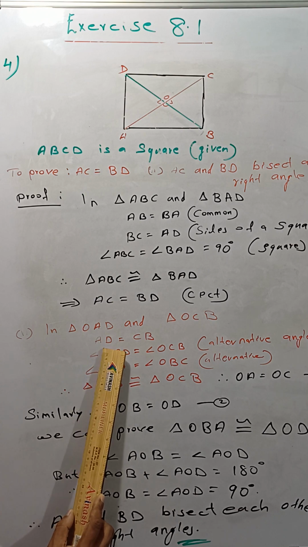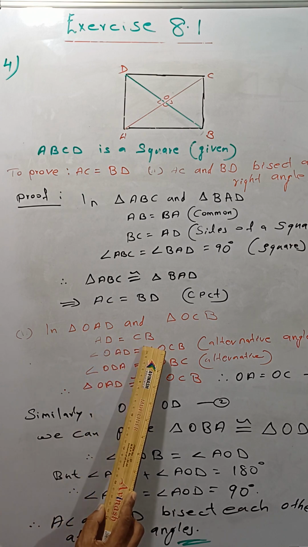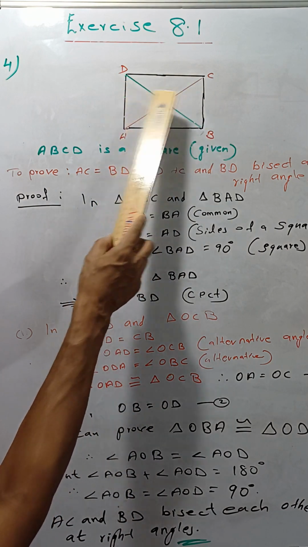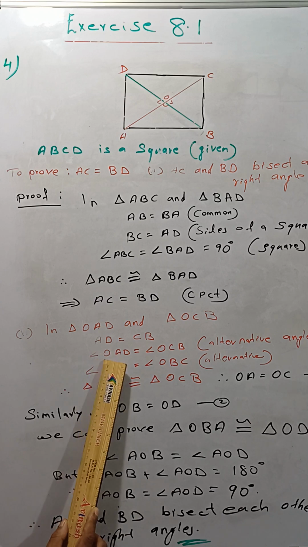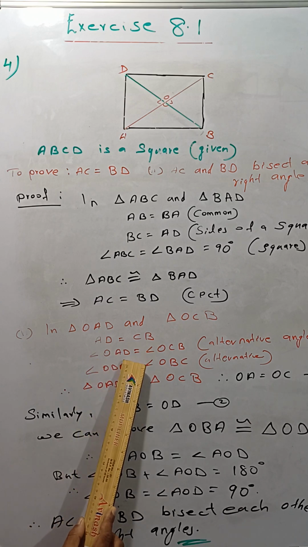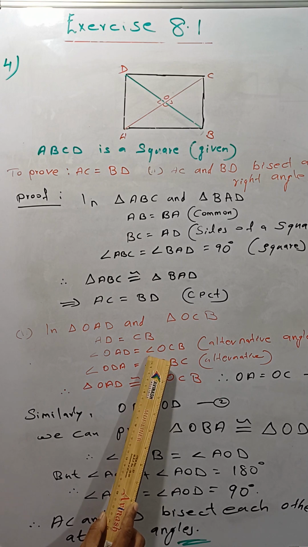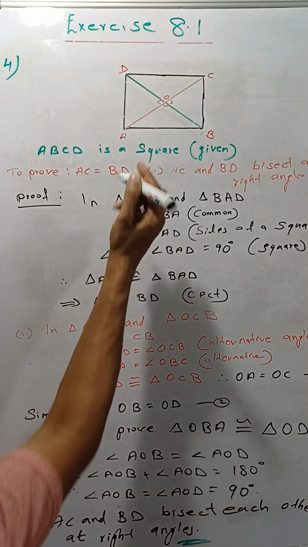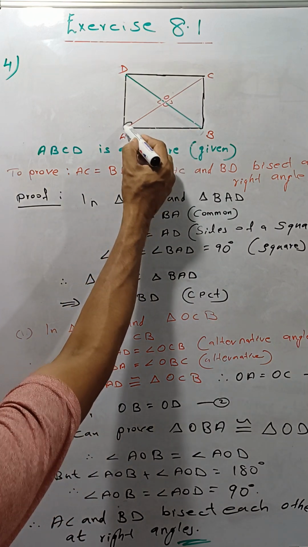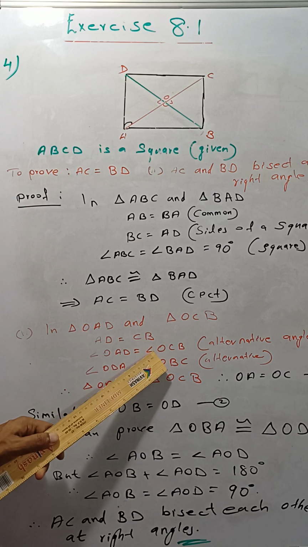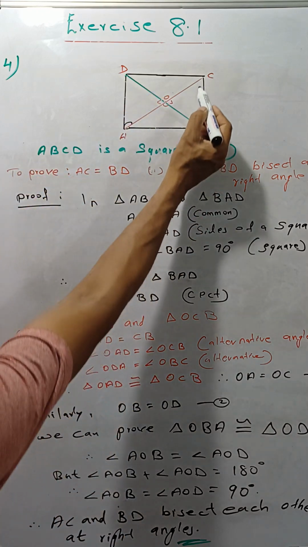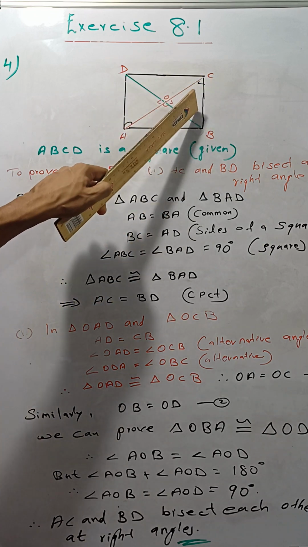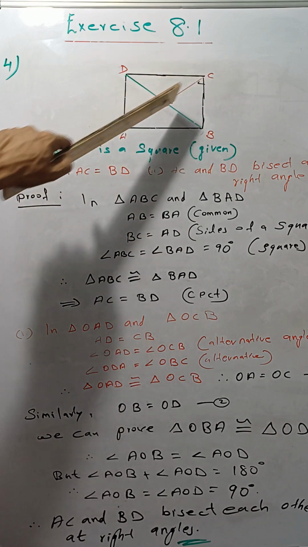We know that AD is equal to CB because they are sides of the square. And angle OAD and angle OCB, these two angles are also equal because these two sides are parallel and this is a transverse line.